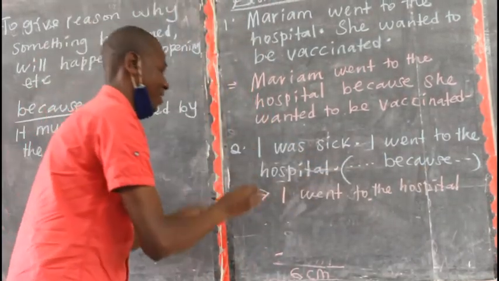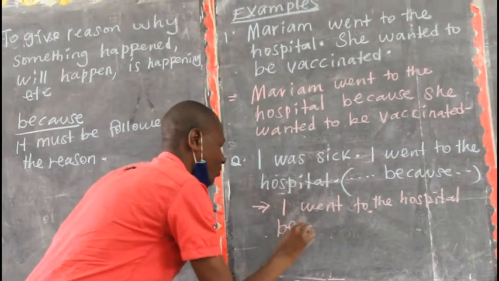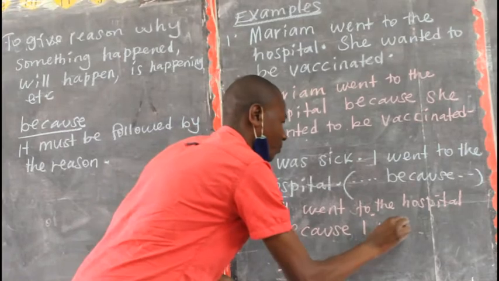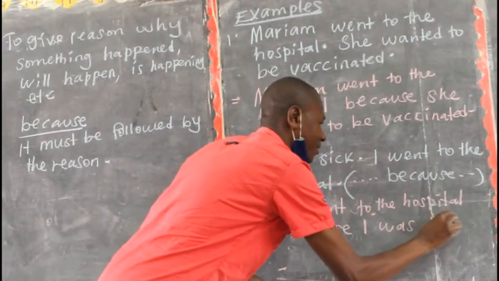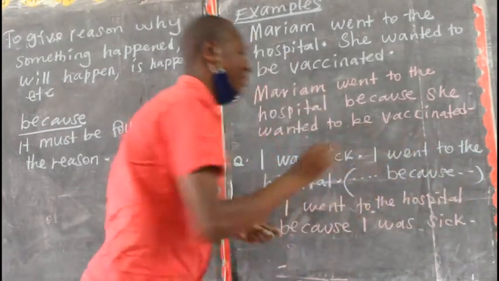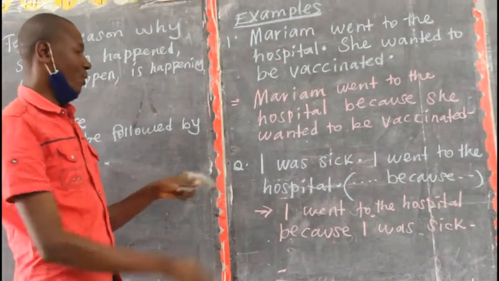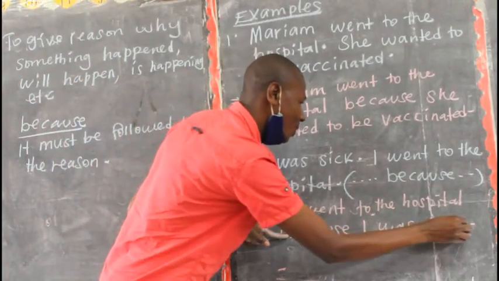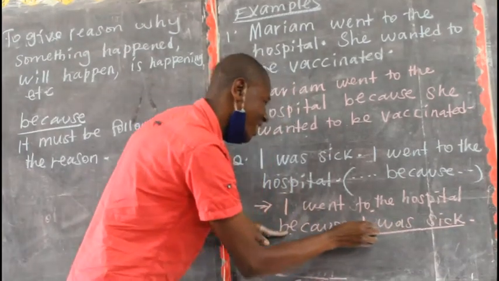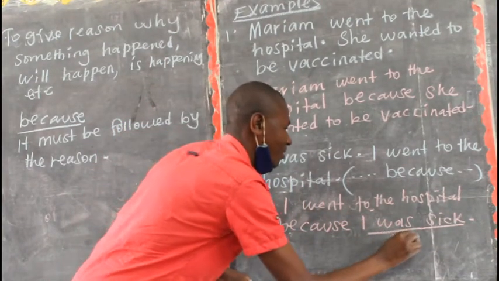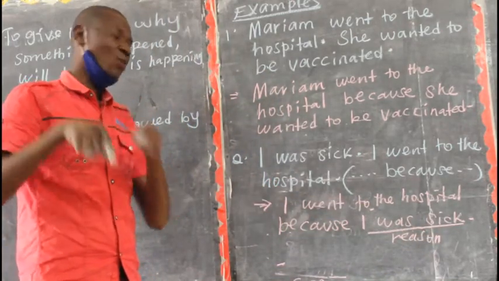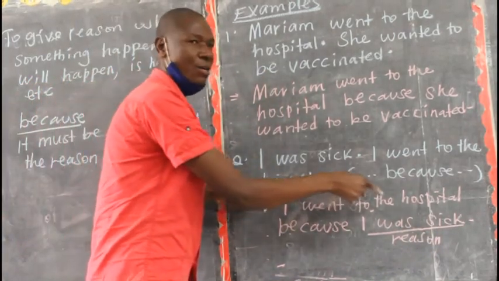Then you come here and say, because I was sick. So you can see that this one, because as a conjunction, has been followed by the reason. So I was sick is the reason why you went to the hospital.